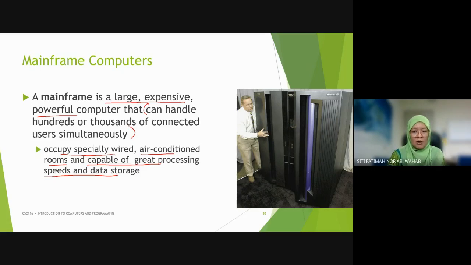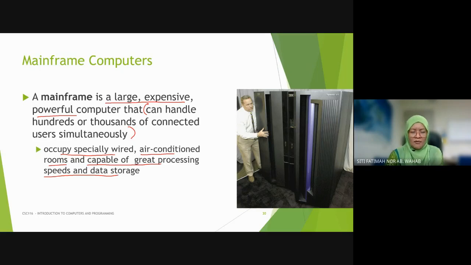Okay, examples of sectors that use these mainframe computers: healthcare sector, defense sector, education sector. Maybe the university is a very big sector. An international university needs to track lots of people: employees, teachers, students, and others.